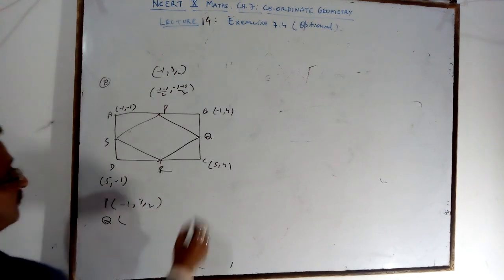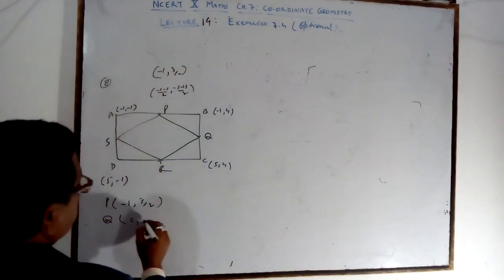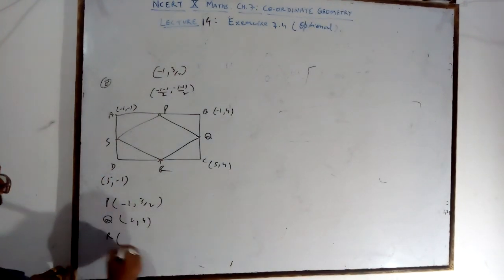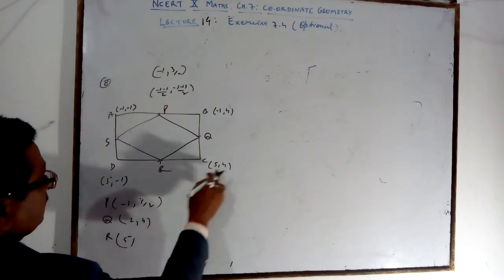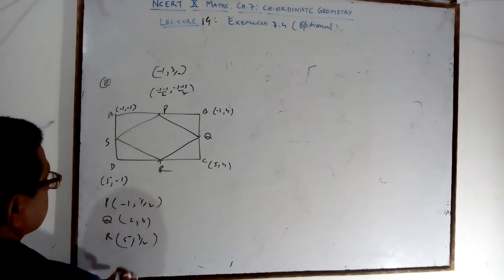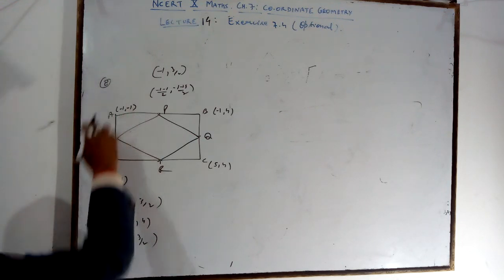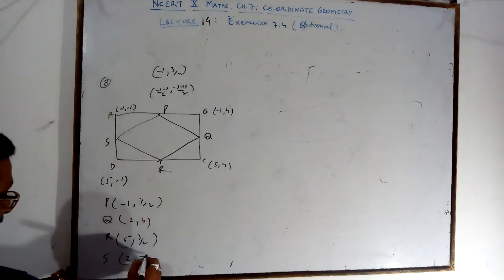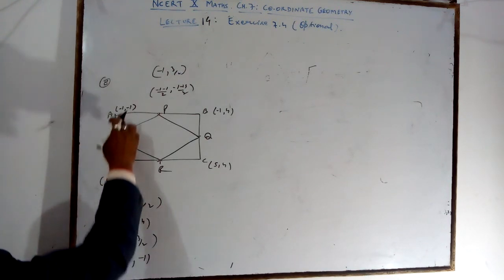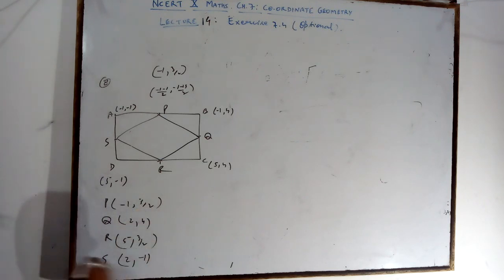Coordinate of Q is (2, 4), since 4 plus 0 by 2 gives 2 and 4 plus 4 by 2 gives 4. R coordinate is (5, 3 by 2), since 5 plus 5 by 2 means 5, and -1 plus 4 means 3 by 2. And for S, you apply the midpoint theorem: x1 plus x2 means 4 by 2, which is 2, and -1 plus -1 is -2 by 2, which is -1. So S is (2, -1).